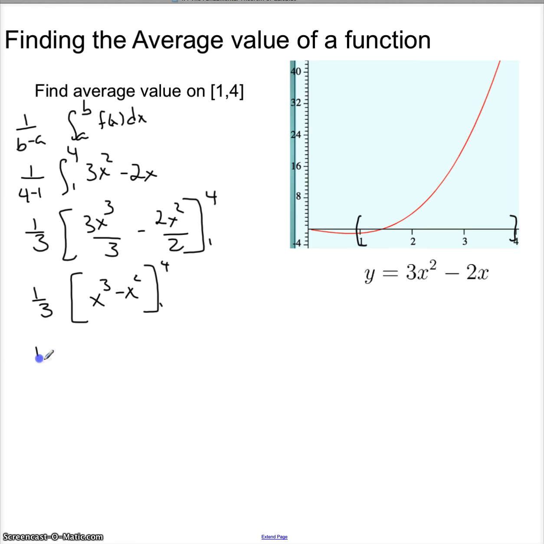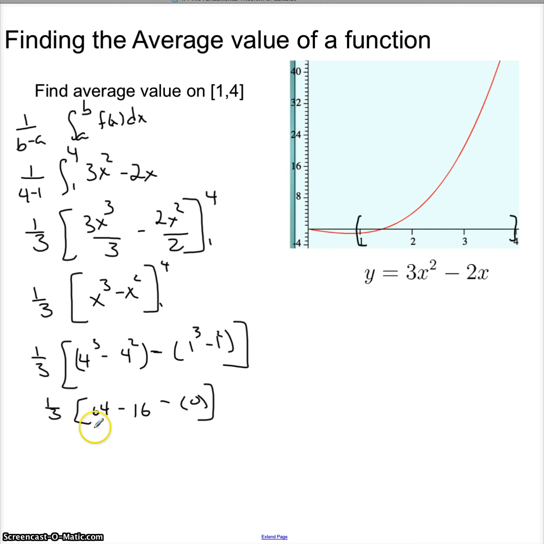So this is 1/3 times 4 cubed minus 4 squared, minus the lower limit, 1 cubed minus 1 squared. That goes away, that's convenient. And I wind up with 1/3 times 64 minus 16 minus 0. So this is 48, so that's 48/3.